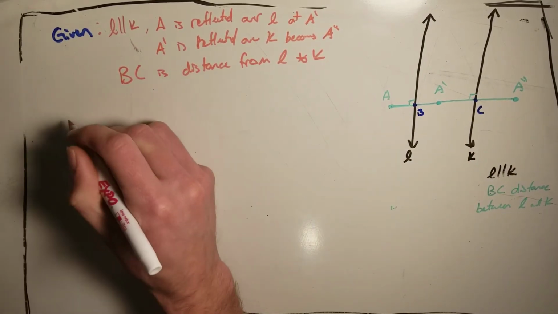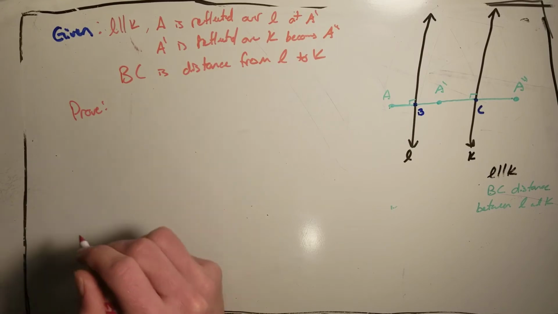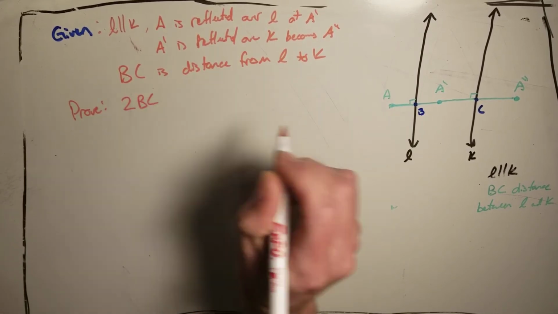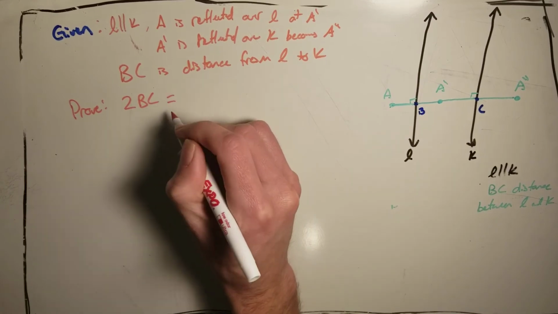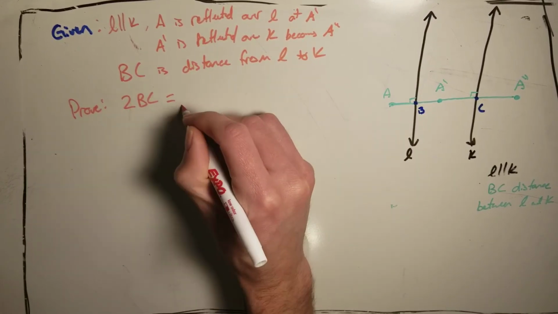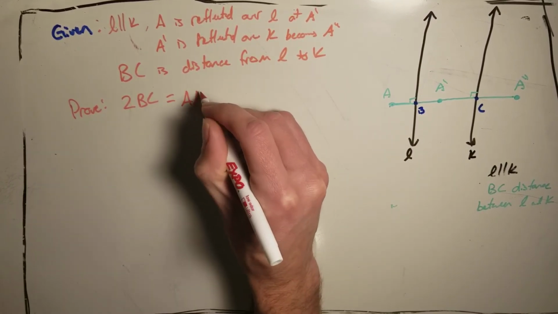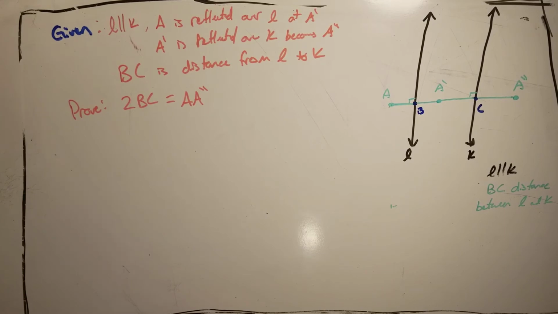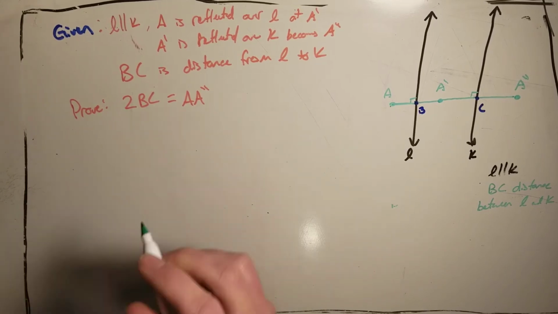And our goal is to prove that 2 times the distance between the lines is equal to the distance from A to A double prime. Alright, so let's go ahead and go through this. So our first statement, we're going to need statements.